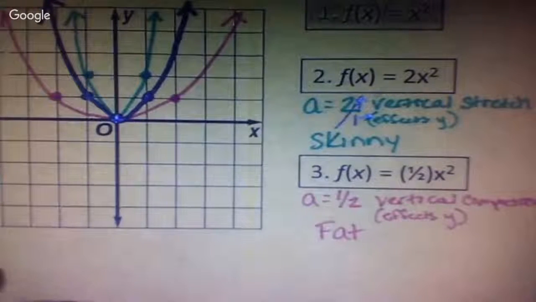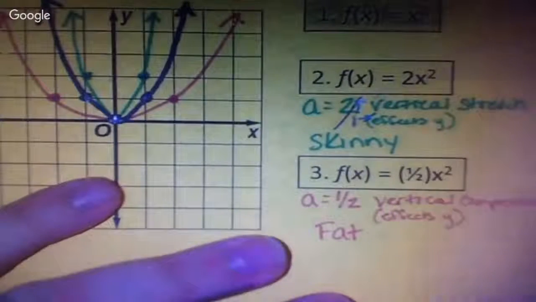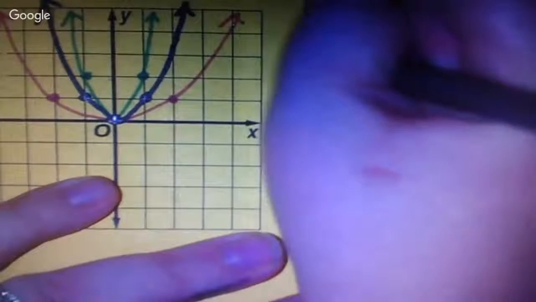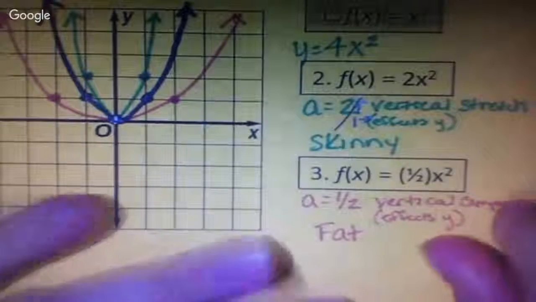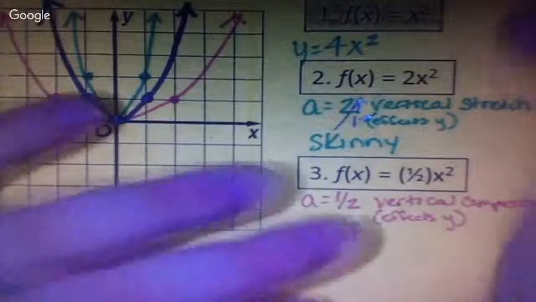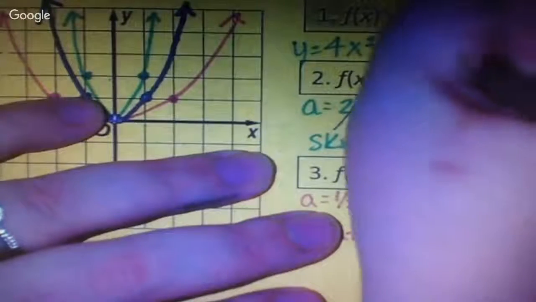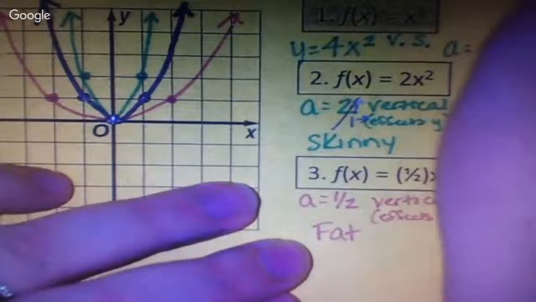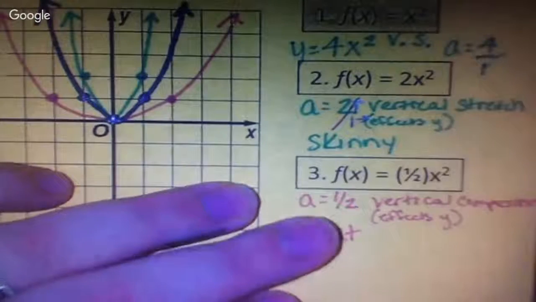Okay, let me make up another one here. Let's do y equals 4x squared. Is this a vertical stretch or compression? This is a vertical stretch. My A value is 4, so technically it's 4 over 1.